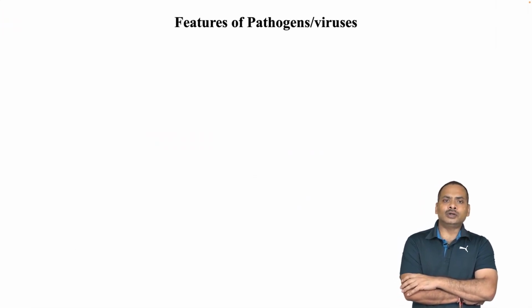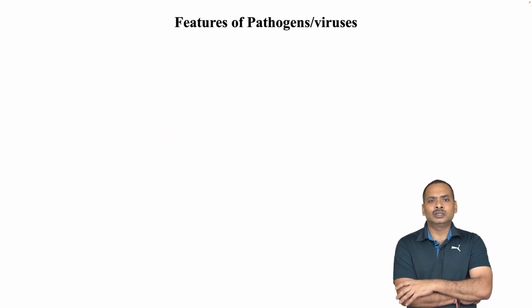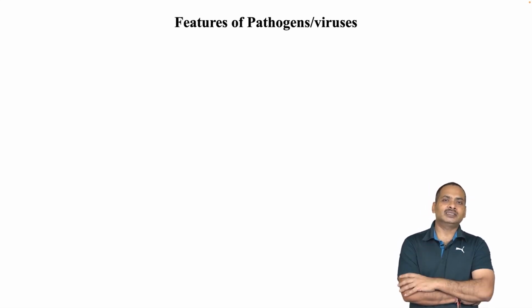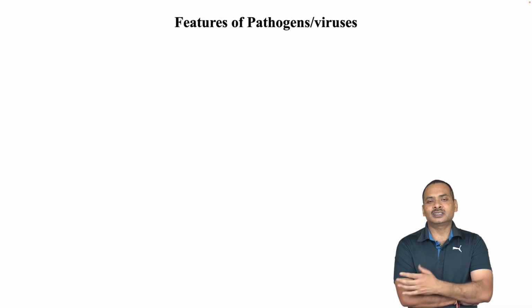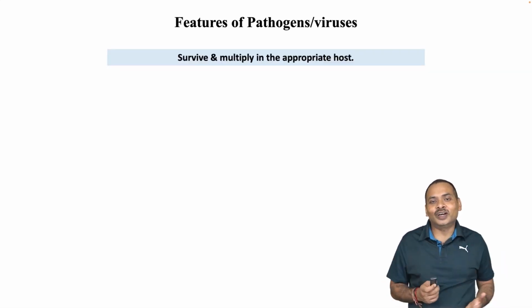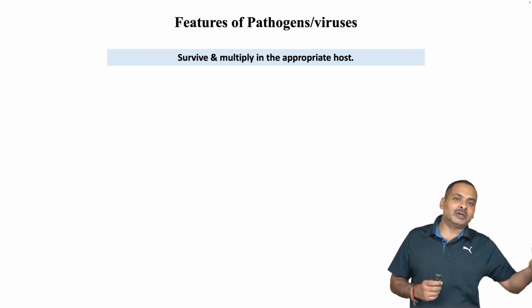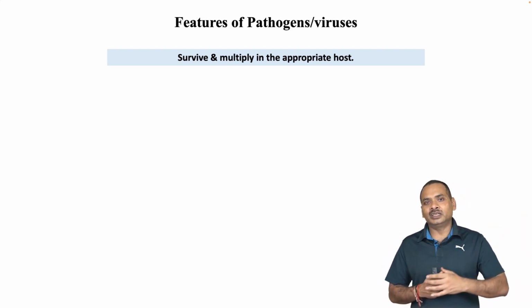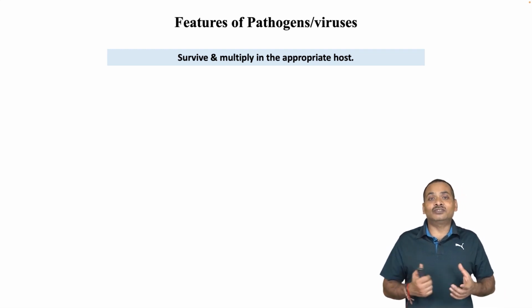So now I will talk about what are the features of pathogen and virus, why these guys cause disease. Because a virus is a non-living entity, and even a pathogen, for example bacteria, although they are living, they need to survive.